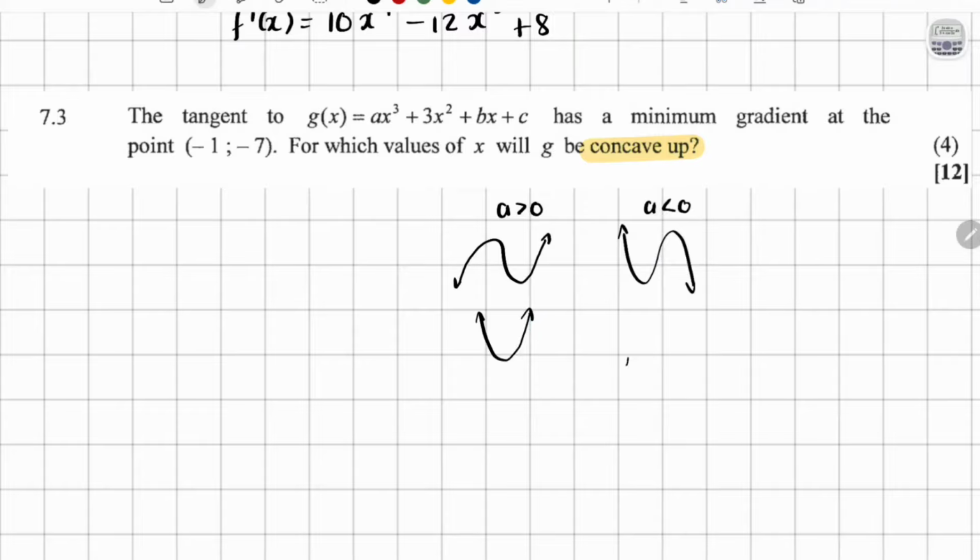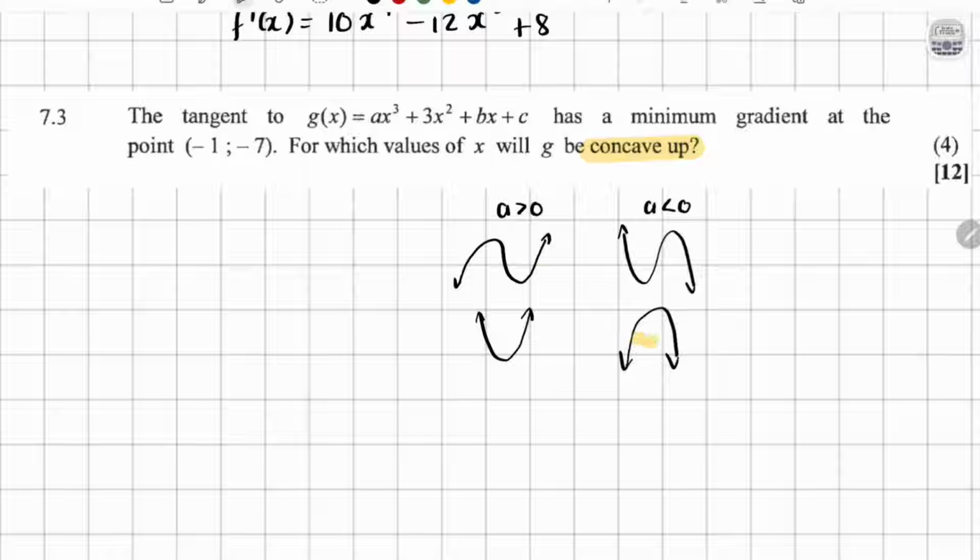And this one, you end up with a parabola that is concave down. Okay, now the thing about this is that they tell us that the tangent, so there's also a tangent that we have to take into account. The tangent to this has a minimum gradient. So when you're finding the gradient of a cubic function, those are the parabola, because when you derive the cubic function, you get a parabola.